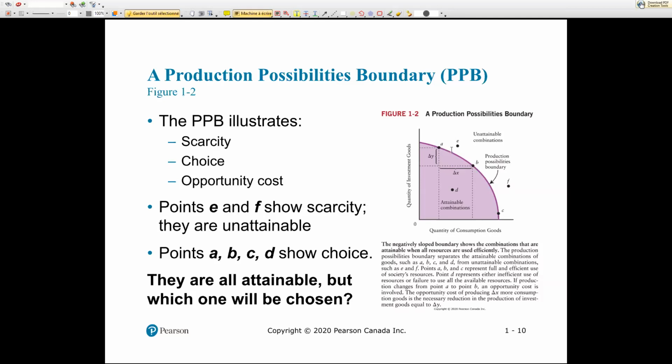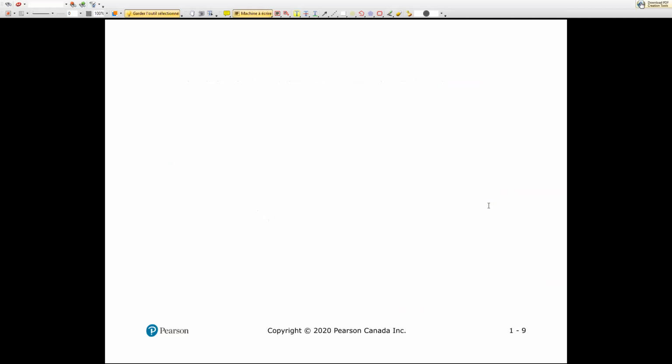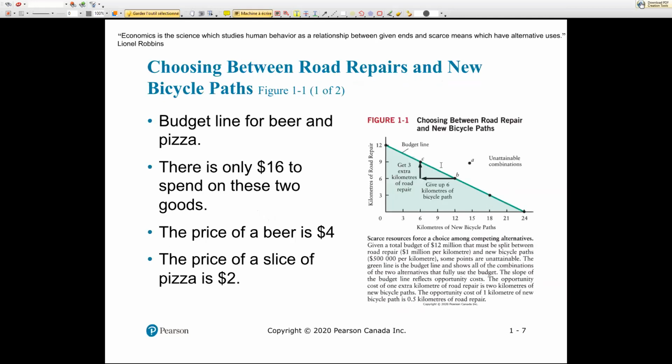So economies should strive to be on the production possibility boundary, just as individuals or cities should strive to be on the budget line. Being inside is not good. It means that I had $16, but I decided to burn half of it and not use it. But no, if I'm in the bar and I like beer and I like pizza, I'm going to try to spend the whole $16.